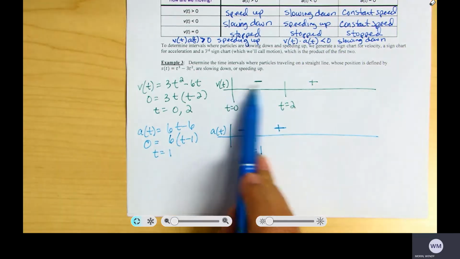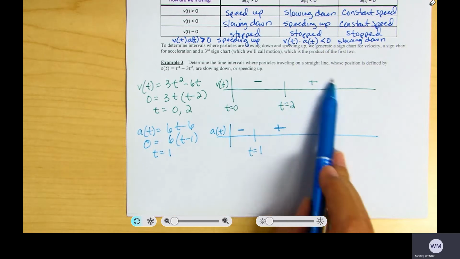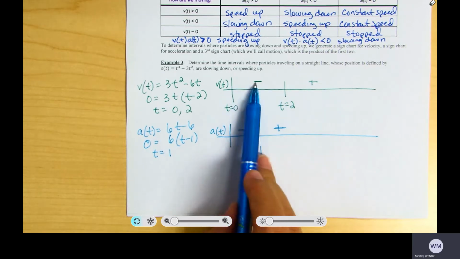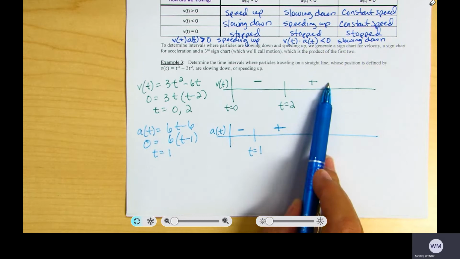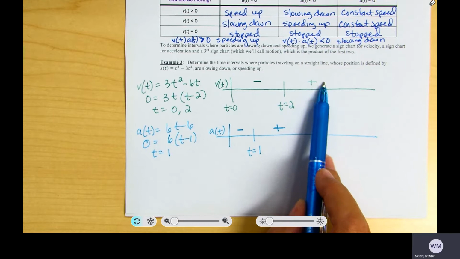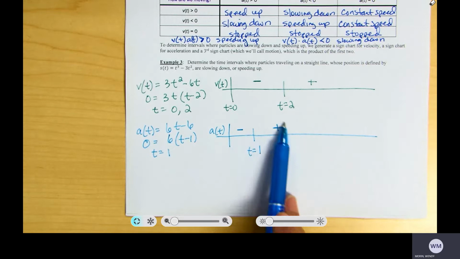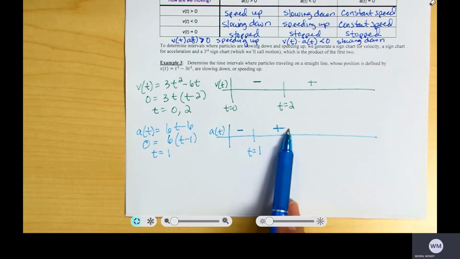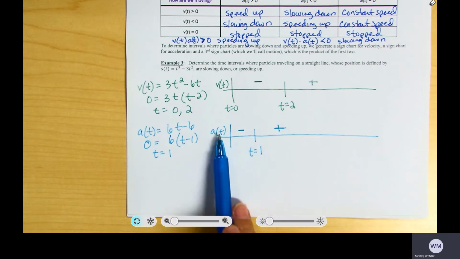this is where I'm moving to the left. This is where I'm moving to the right. This is where I'm decreasing. This is where I'm increasing. My position is decreasing. My position is increasing. My velocity is decreasing because my acceleration is negative.